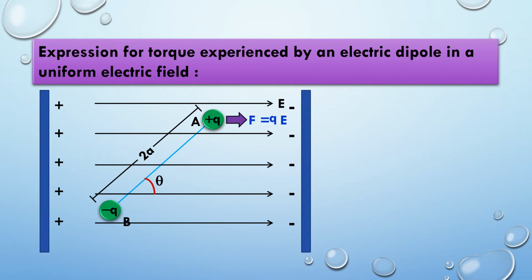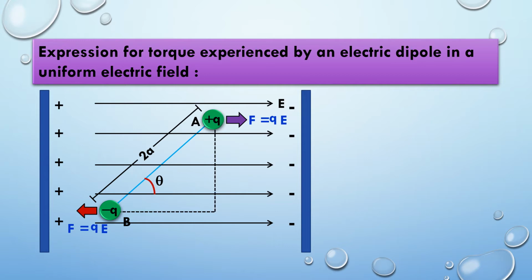So the force experienced by the positive charge at point A is QE, and the force experienced by the negative charge is QE. The point to remember over here is that the charge at point A experiences a force towards the right, whereas the charge at point B experiences a force towards the left.